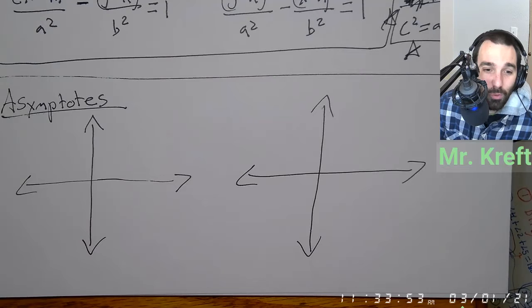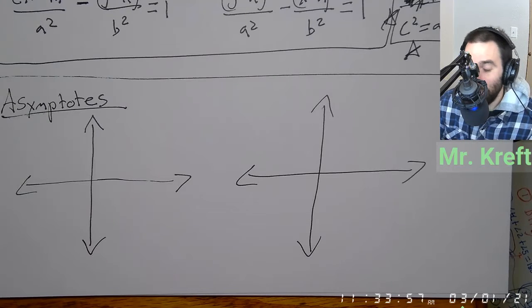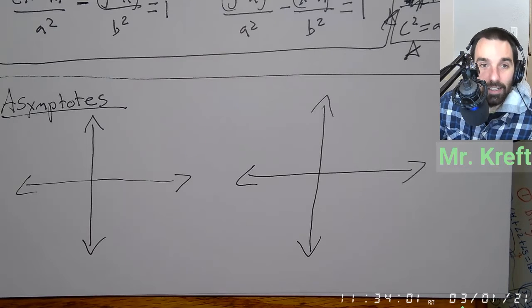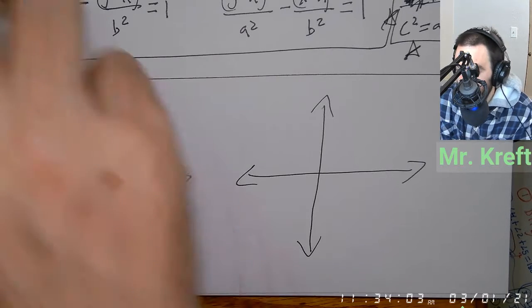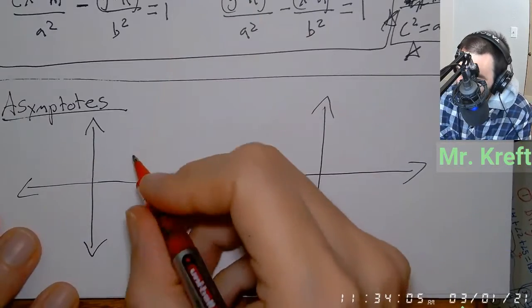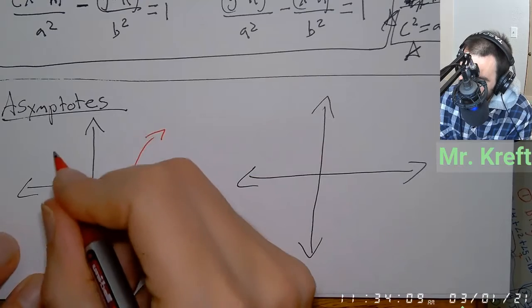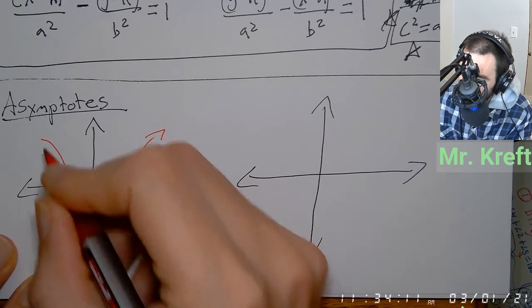Okay, now we're going to do really easy hyperbolas. So we're not going to do anything too crazy. So because we're doing really easy hyperbolas and we're not doing anything too crazy, it's very formulaic. Okay, so if I have a hyperbola where the major axis is on the x-axis.